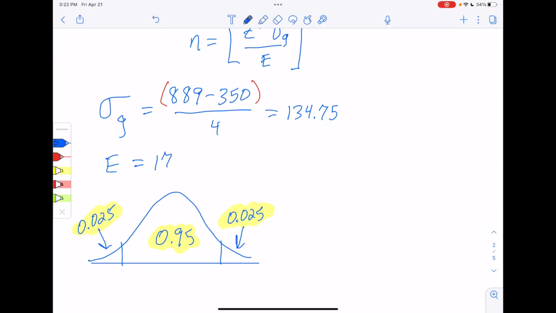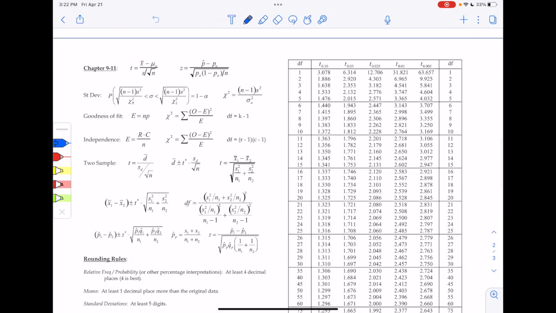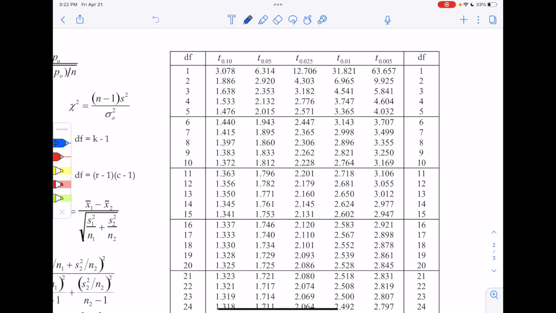And then this value right here will be our z star. It will also be z sub 0.025 because it's a z-score with area 0.025 to its right. So if we go back to the formula sheet, scroll to the second page, we can look at the t of 0.025 column.